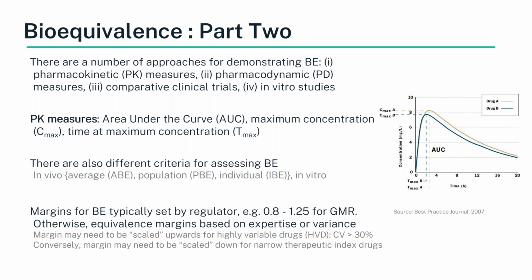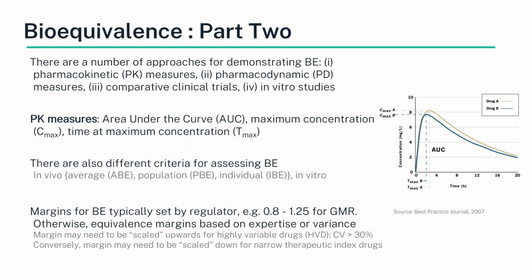So if for some reason the AUC or other PK measures aren't suitable for a particular product, maybe they're not easy to be accurately assessed, then you can use pharmacodynamic endpoints, and these relate to relevant physiological changes caused by the treatment in the body.